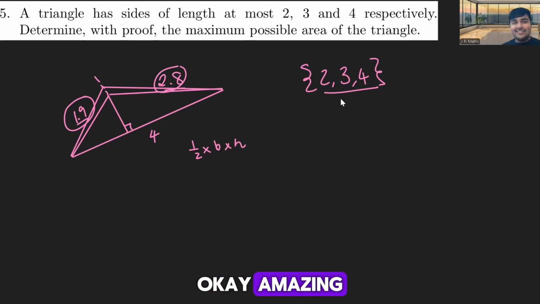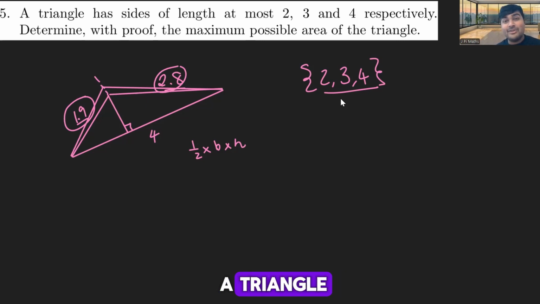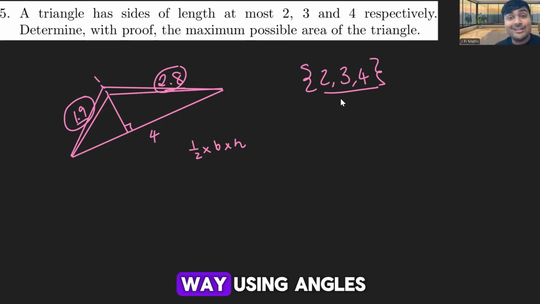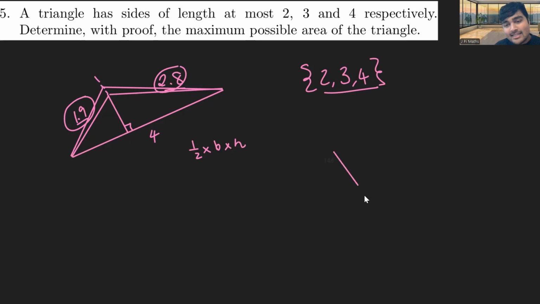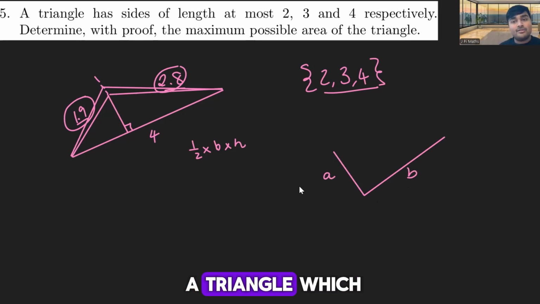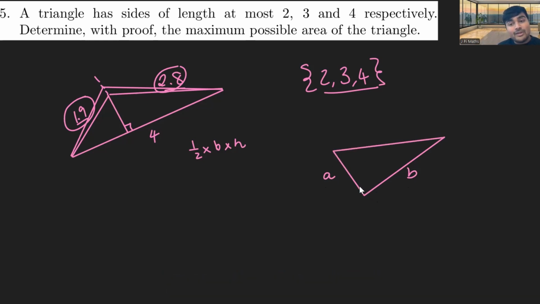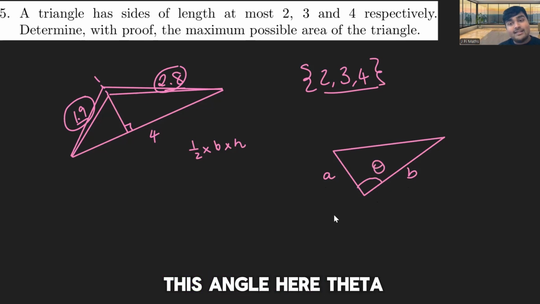Okay, amazing. This is actually quite useful because the moment we have two sides of a triangle, we can think of area in a different way using angles. Let's say we have two side lengths of a triangle, A and B, and those are fixed. And we're trying to maximize the area of a triangle which has two side lengths A and B. Instead of thinking about this third side, we can think about this angle here, theta.